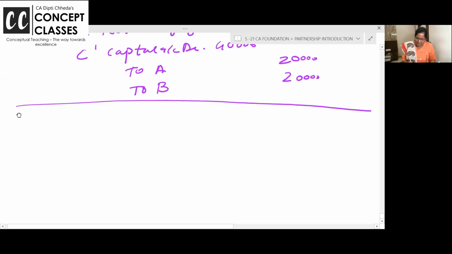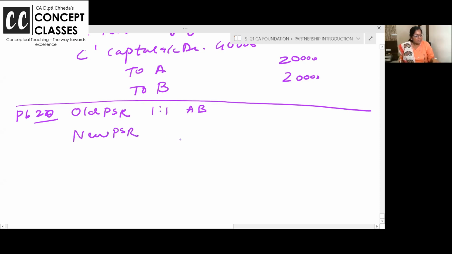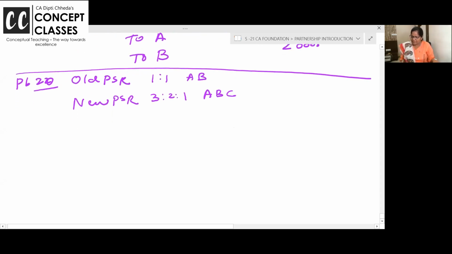Either you can prepare the table, which I said, or you can do it directly. Old PSR between A and B, what was the old ratio? 1:1. New PSR is given, 3:2:1 for A, B, and C. And C is getting goodwill 1/6 in cash, 60,000.